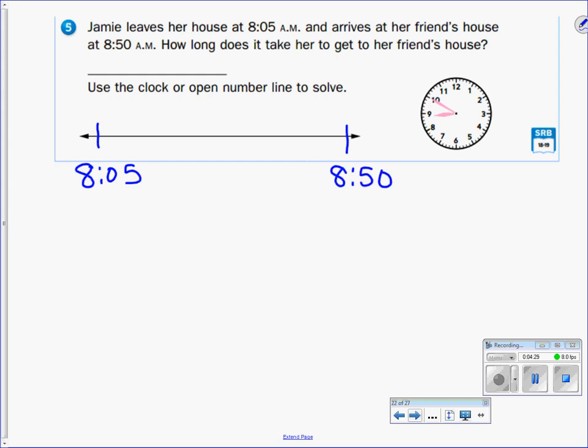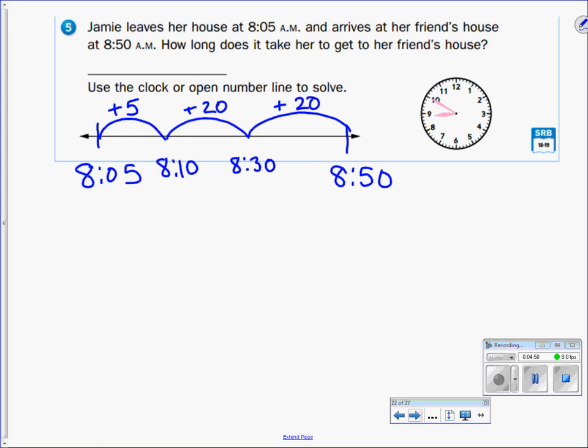Boys and girls, once again, it's however big of jumps you're used to doing. So let's get to our tens. They seem to be the easiest. So we had to plus 5 minutes to get there. Okay. Let's do plus 20, which gets me to 8:30. And then I can do 8:30 to 8:50 is plus 20 more.